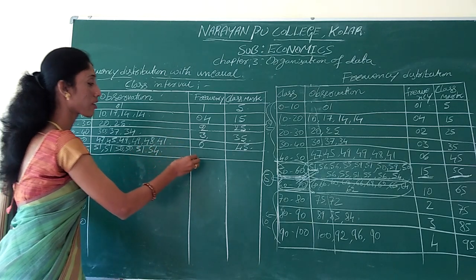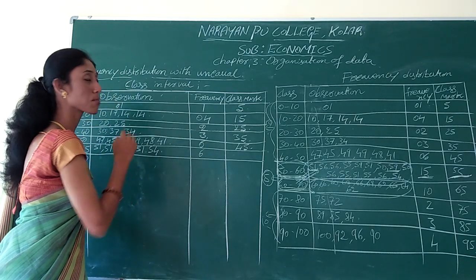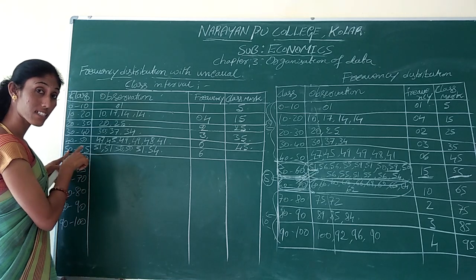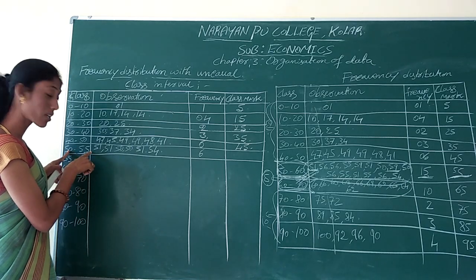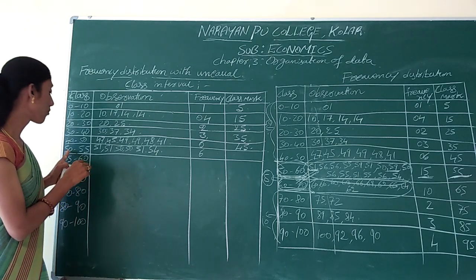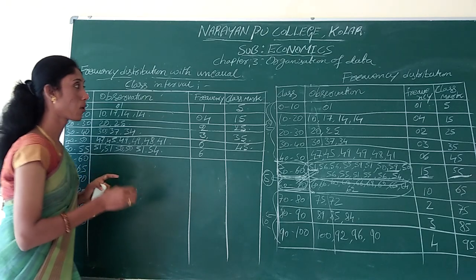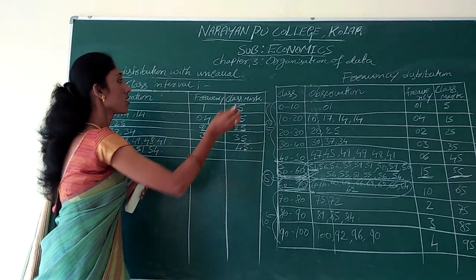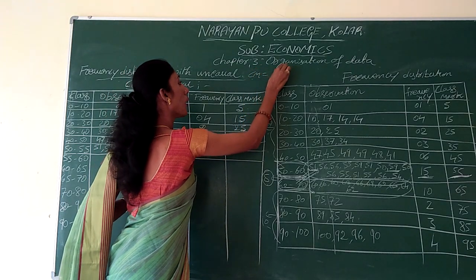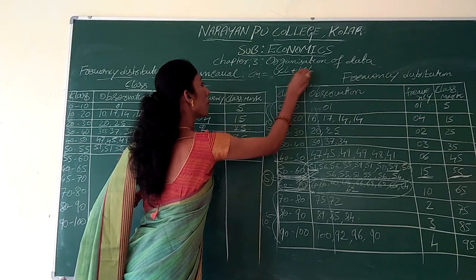Got it? Then from 50 to 55 there are 6 observations. Under frequency we write 6, and the class mark we need to find out. The class is 50 to 55, so the class mark comes as 52.5. If you want, you can apply the formula also. Class mark is equal to upper class limit plus lower class limit by 2.